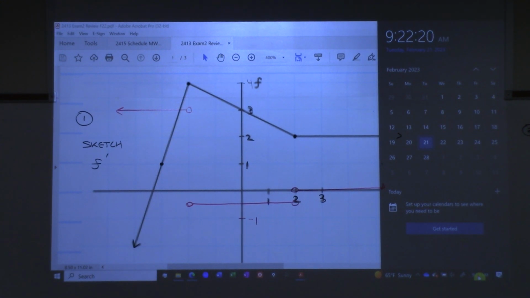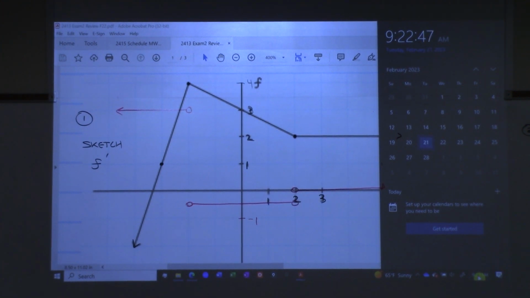That's our derivative. Now, we're trying to find the equation of the tangent line, right? So first I'm going to find the slope of that line. To do that, I take the derivative, and what do I plug into it? The x value. I plug 1 into that, and when I plug in 1 here, I get 1. So now I have the slope of the tangent line, right? I need the equation. So all I need is a point, but I already gave you a point, right? There's the point.